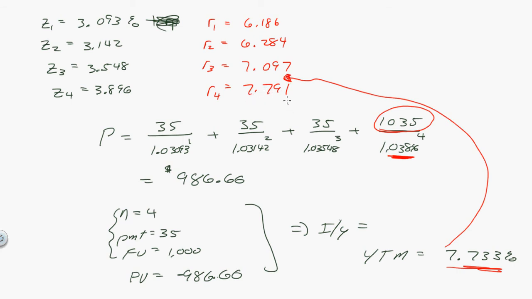So you can always know that yield is going to be some type of weighted average of these four numbers. And in a typical upward sloping yield curve, it's going to fall just below the 2-year spot rate.